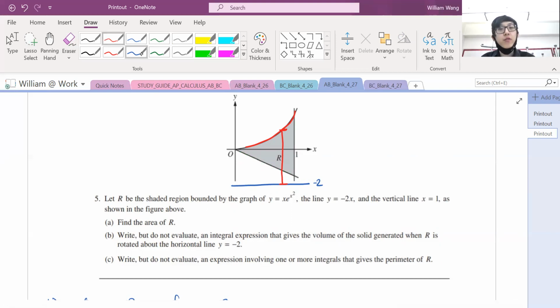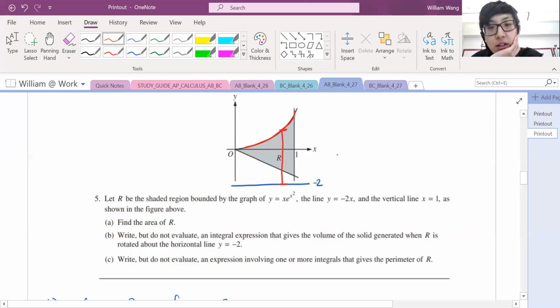Okay, well, how do I write this outer function? Well, the way to write this outer function is actually simply to find the equation of this function in relation to the axis of revolution, in relation to -2. So how do I find this length? How do I find this relationship, the difference? Well, it's kind of like the upper minus lower. What is that distance? The distance is going to be this upper function, which is y equals x e to the x squared, right?